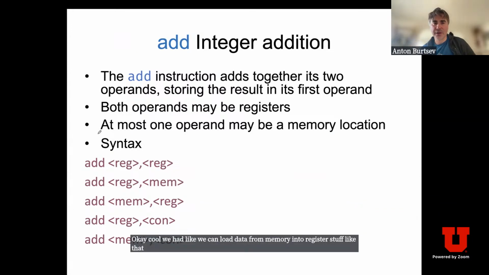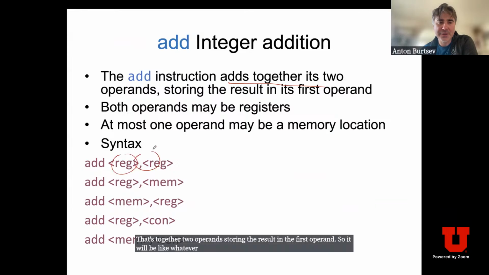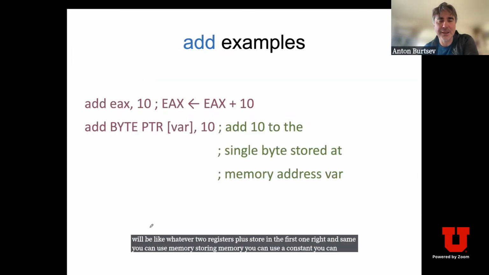The next set of instructions allow you to compute something on memory and registers, right? So addition, for example, adds together 2 operands, storing the result in the first operand. So it will be like 2 registers, plus, store in the first one, right? And same, you can use memory, store in memory, you can use a constant. Let's take a look at some examples.